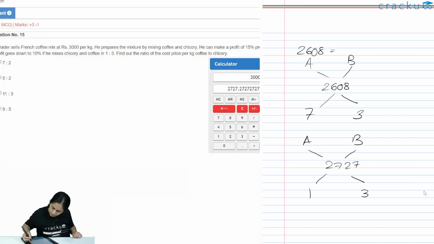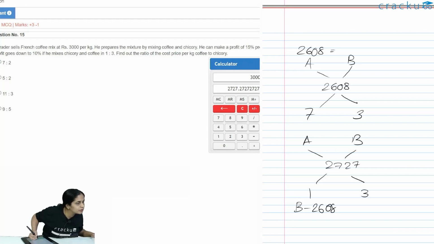If that is the case, then P minus 2608 is, if the percentage of coffee increases, the profit increases, which means coffee is the cheaper one, and chicory and coffee in ratio of 3:1.